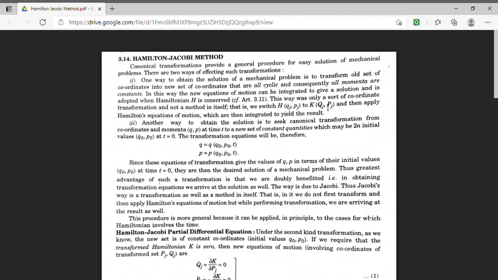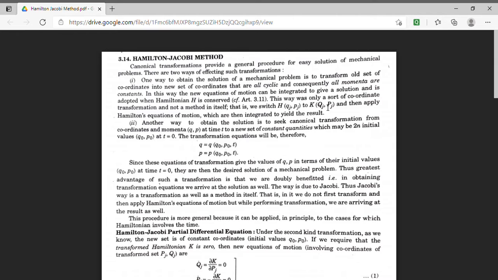That means our mathematical problem becomes easier because we have to deal with fewer coordinates. And this approach we have already discussed in the generalized momenta, that means in a cyclic coordinate.